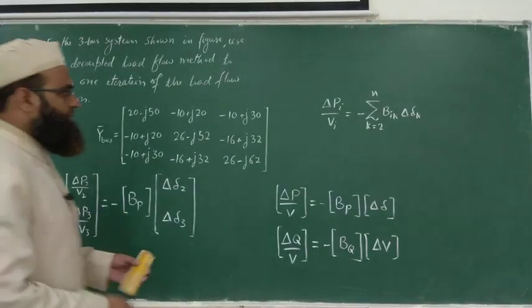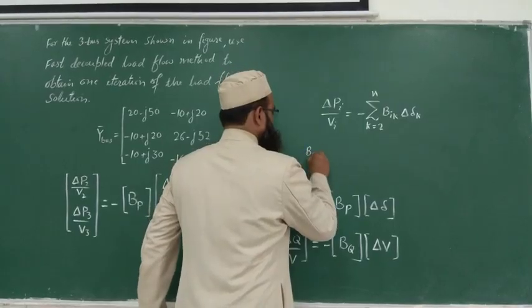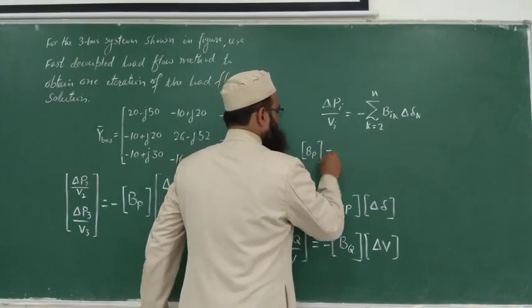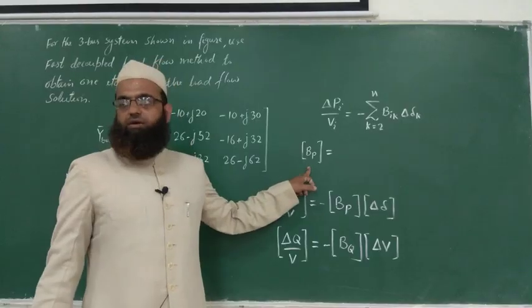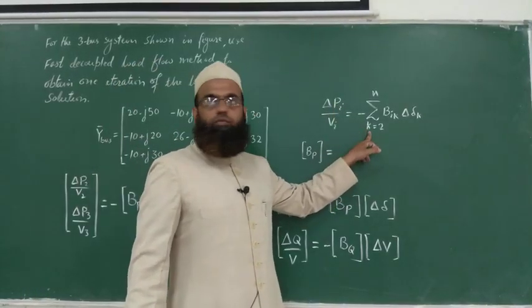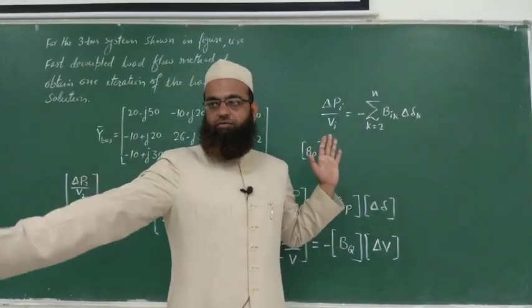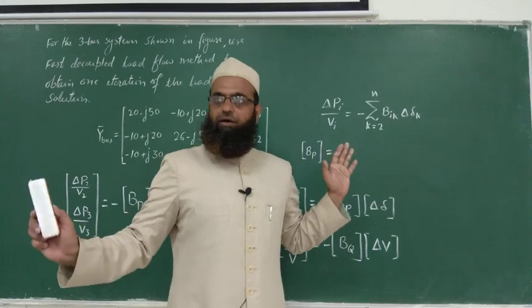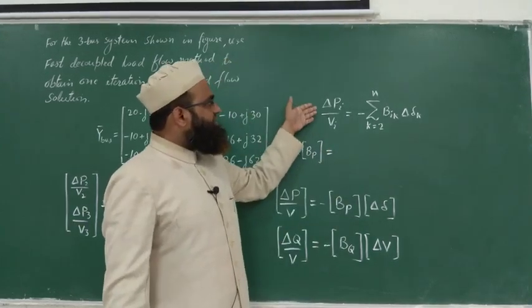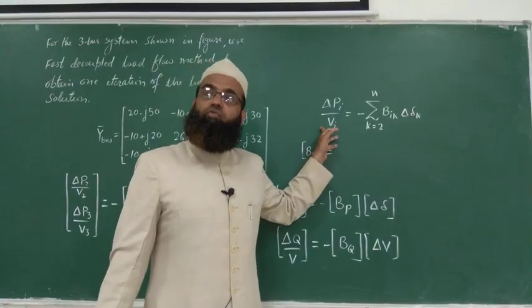So how to write B'? If I am writing B' here, this matrix, what will be the order of this B'? You can observe from here. It starts from k to n. So this will give you the number of columns. Fine. So how many such del P upon V_i you will have for your system? n minus 1.